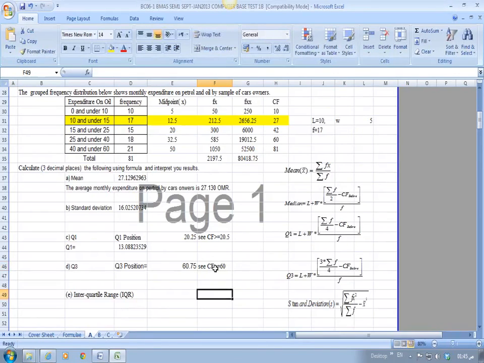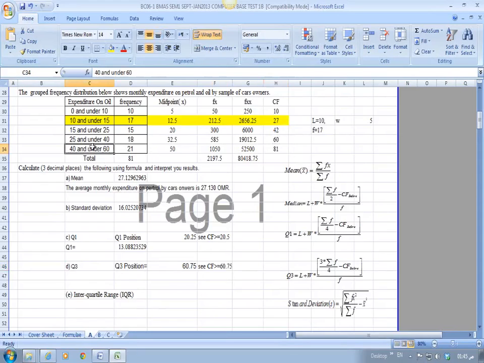CF which is greater than or equal to 60.75. If it is exactly equal, then okay. Here CF is less, this is less, this one is less, so the last one is greater than 60.75.